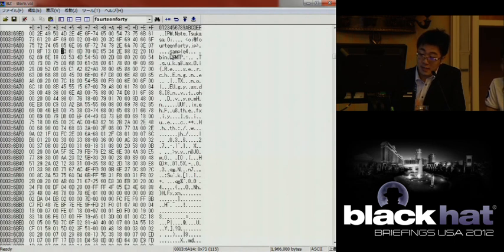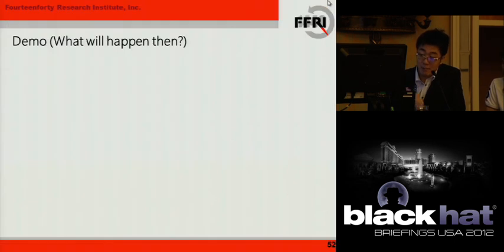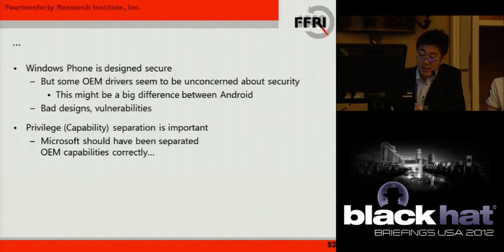Microsoft should have separated OEM capabilities correctly, and Microsoft should control OEM capabilities and their security. So I have described Windows Phone 7 internals and some possibilities of exploitation.